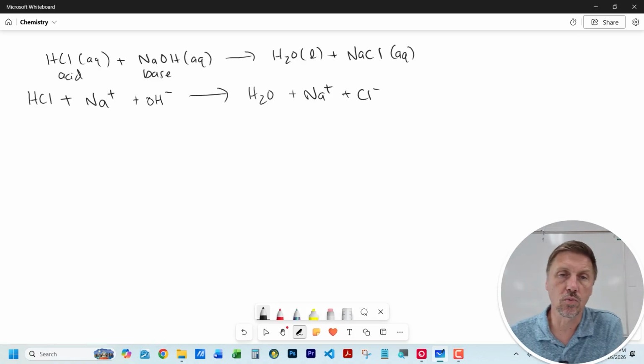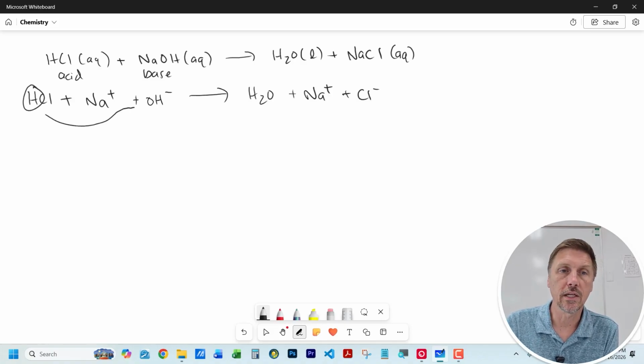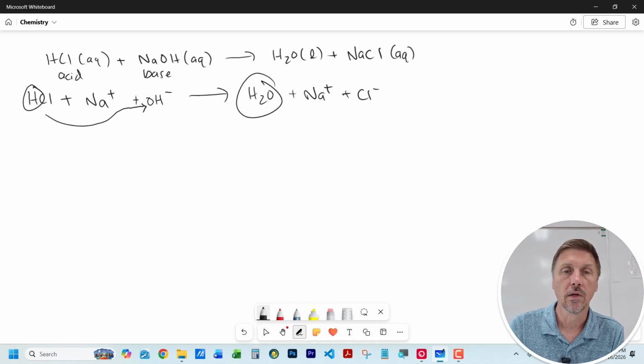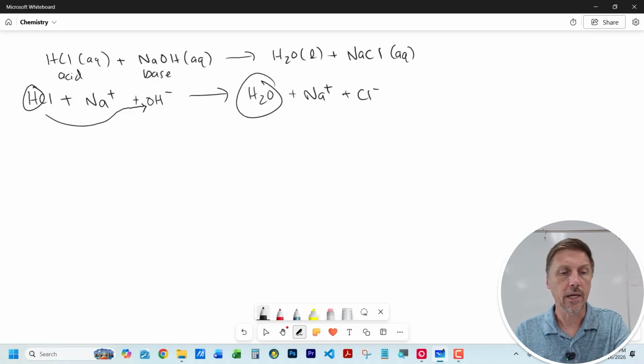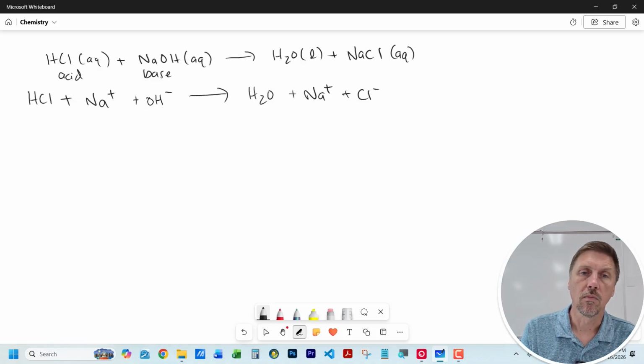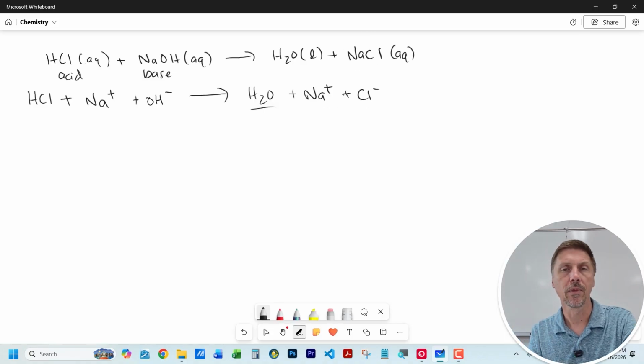Now when you look at it this way, it should be pretty obvious which one's actually getting rid of the H. This HCl donated an H that ended up here with the OH and becomes H2O. So the H plus combined with the OH negative hydroxide ion and formed water. And the result on the other side was water, and then NaCl, this sodium chloride right here.